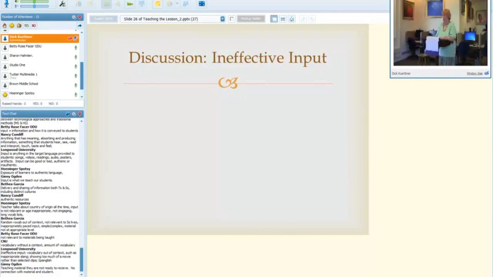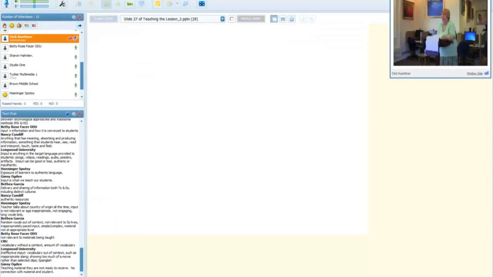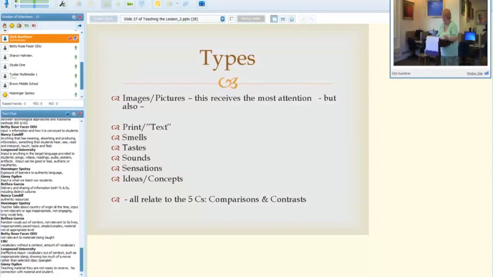So what are our types of input then? This receives the most attention. But there's also print text input. And one of the biggest problems I have with my methods students when they're doing a thematic unit is to get them to understand that text does not necessarily mean print on the page.